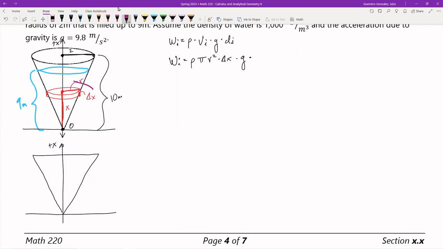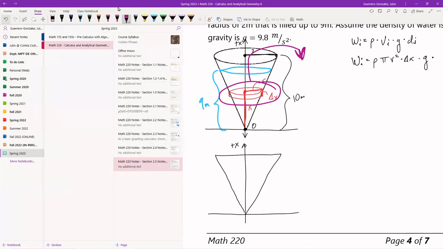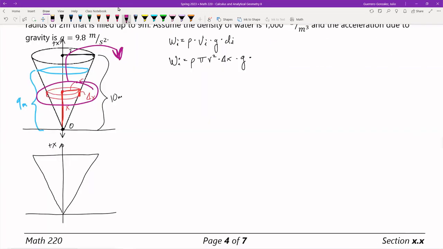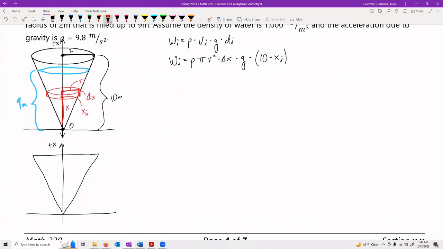So I need to grab all of this and sort of toss it outside, okay? The distance for that to happen is going to be 10 minus x sub i, where x sub i is a point within that little partition, that little chunk, right?